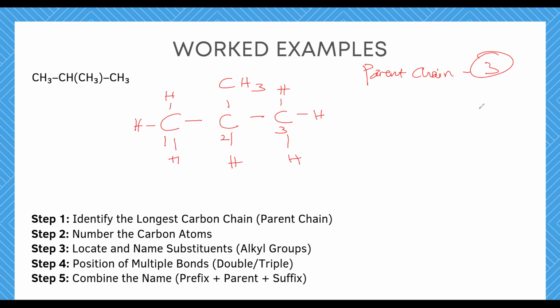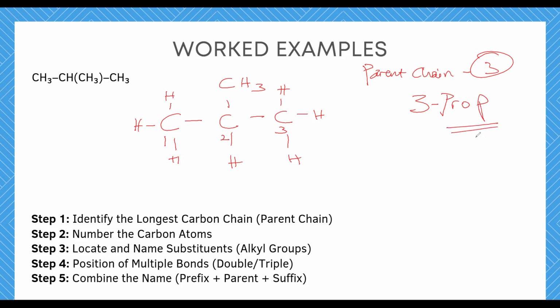How many carbon atoms do I have in the parent chain? Three carbon atoms. When we have three carbon atoms in the parent chain, what is the root name we use? Prop. Thank you very much. We use prop, P-R-O-P. Did you see that?